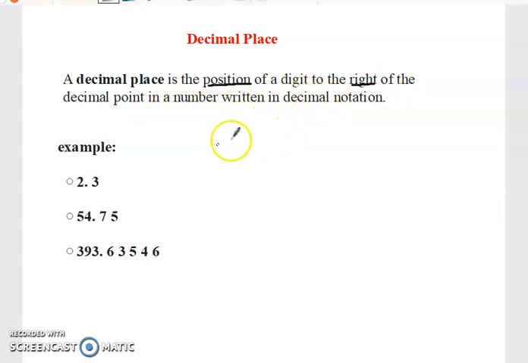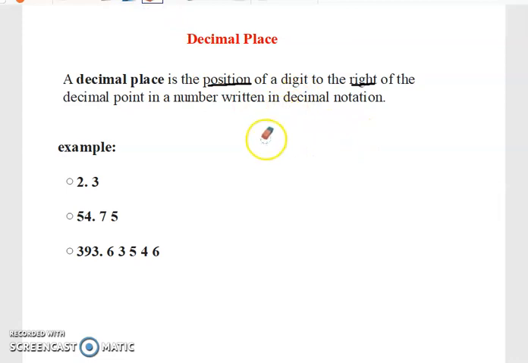Decimal notation is basically in these forms where you have a number, for example 3 point something, any number, 4.2. As long as the overall number has a decimal point, it is in decimal notation. Straightforward as that.